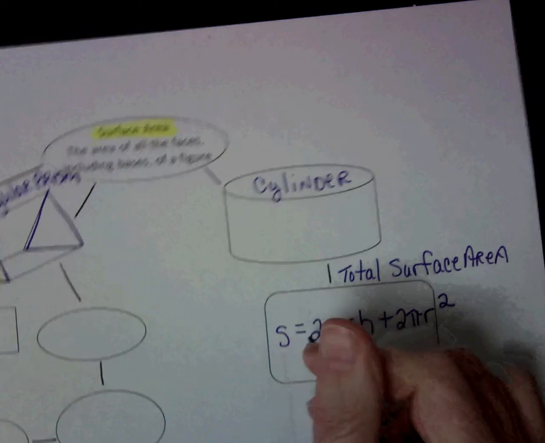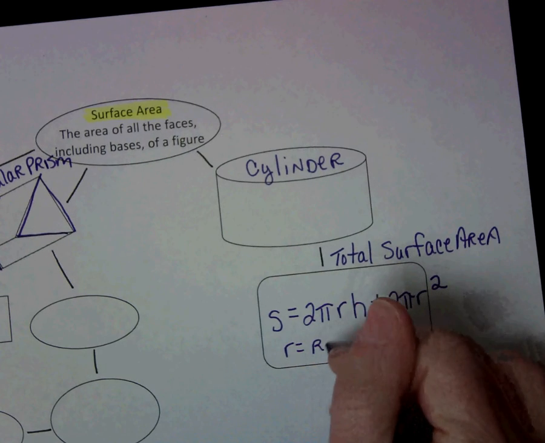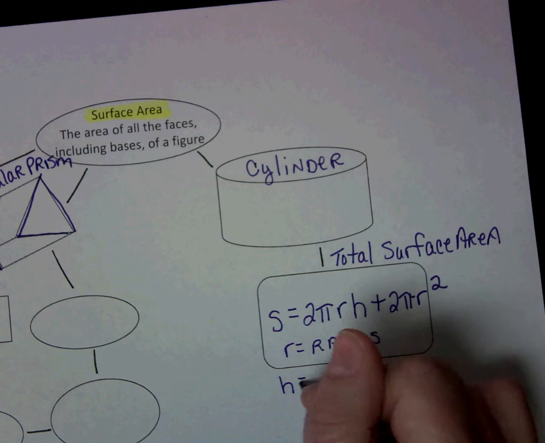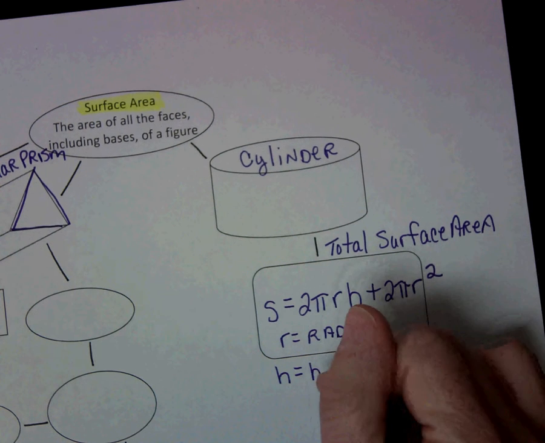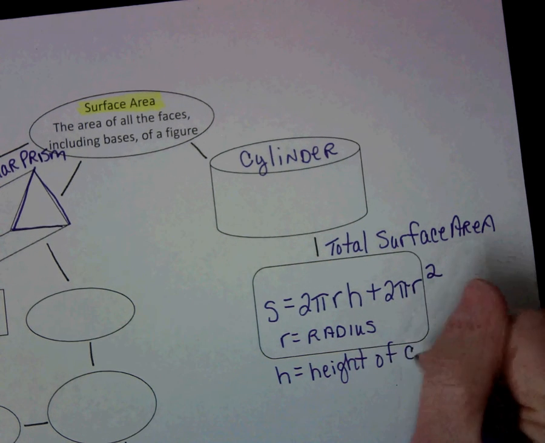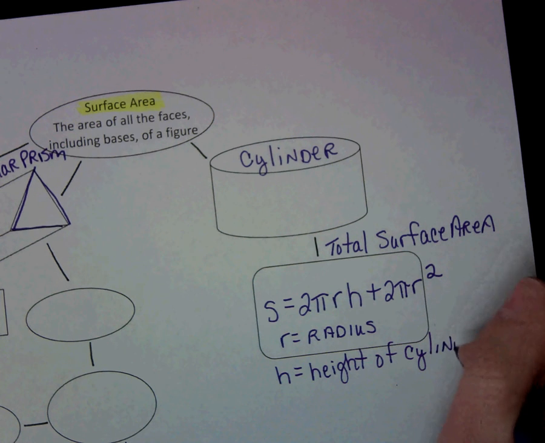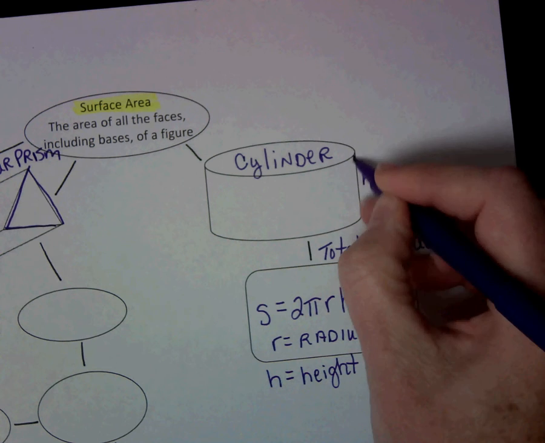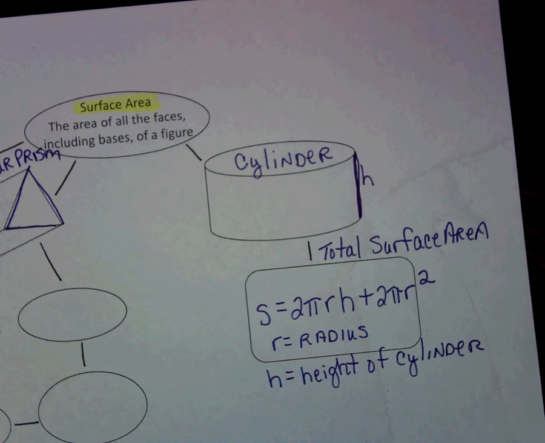Now we know that R still stands for the radius of the circle, and I hope we know that the H stands for the height of the cylinder. And remember, it has to go base to base. So in my picture up above, this would be my height, whatever this measurement was right here.